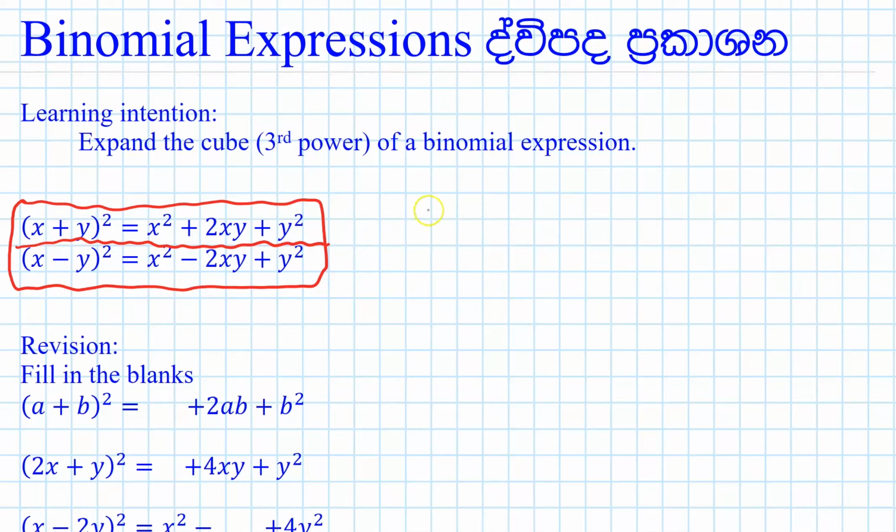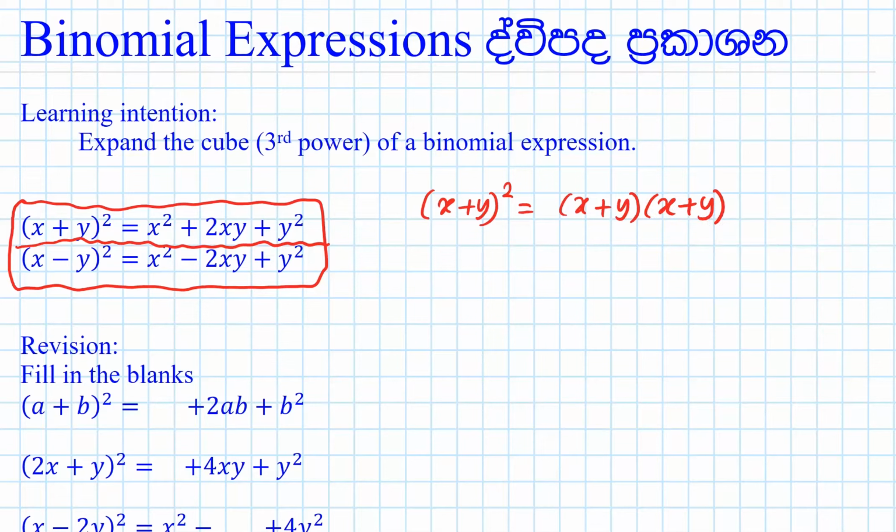As you have learned, x plus y squared is simply expanded by writing x plus y times x plus y.